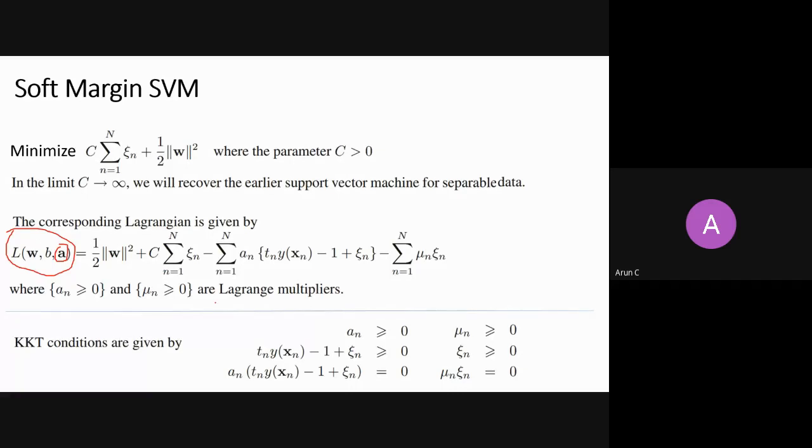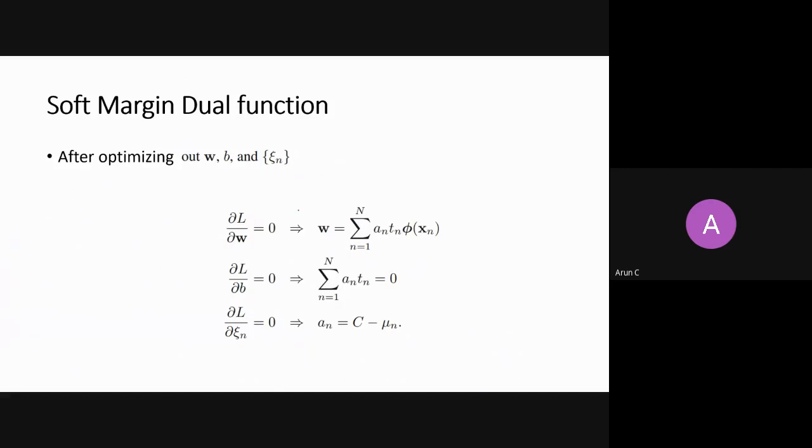So these are my KKT conditions. First, I take the derivative of L with respect to W and put it equal to 0. This is my W, the same thing we did in hard margin. Then I take the derivative with respect to B and put it equal to 0, and this is what we get.